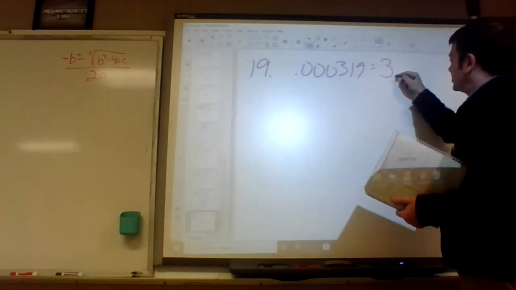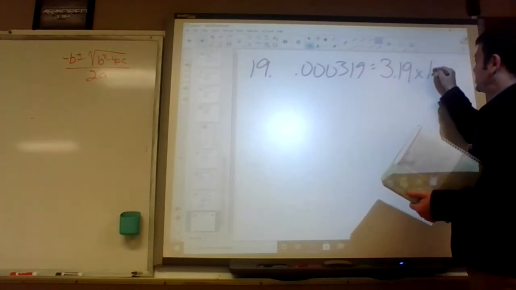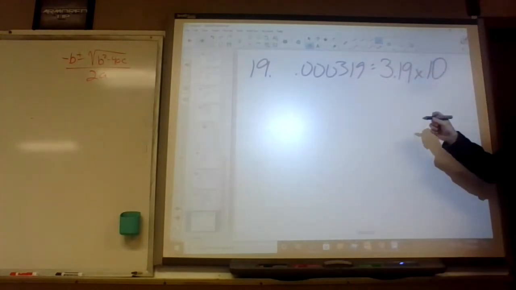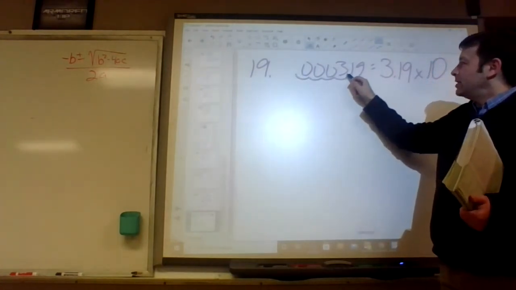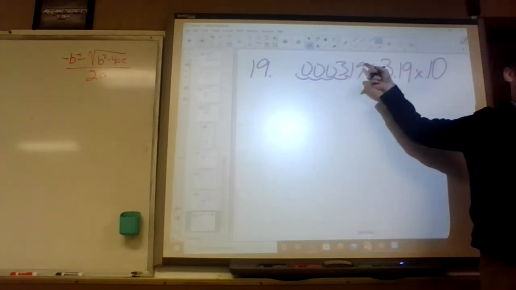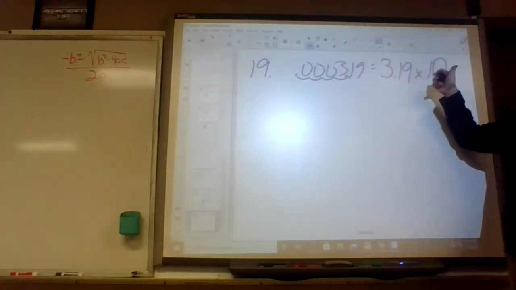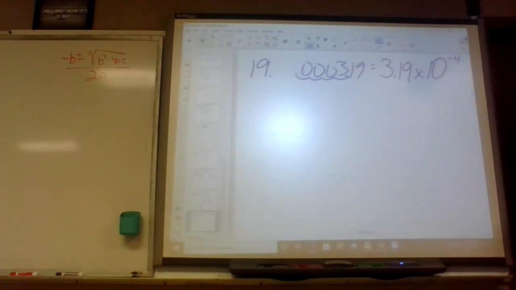Okay, after the first non-zero digit, 3.19, then we always put times 10 to the, and then what do we do? 1, 2, 3, 4. If you're doing a decimal in scientific notation, it's going to be a small number, right? So it's actually -4. If you do a big number in scientific notation, it'll be a positive exponent.